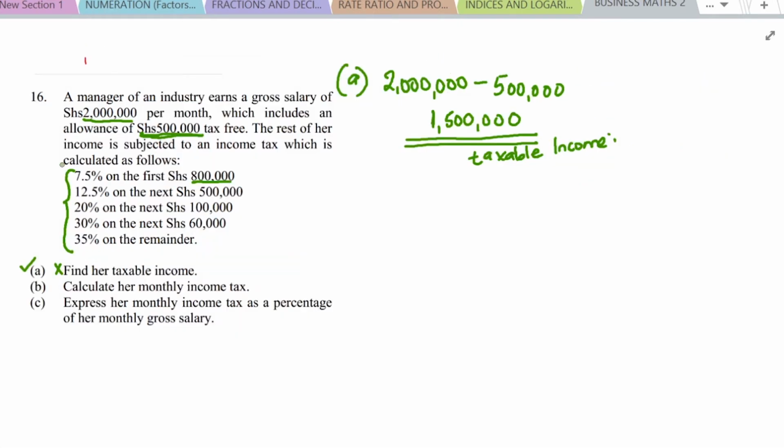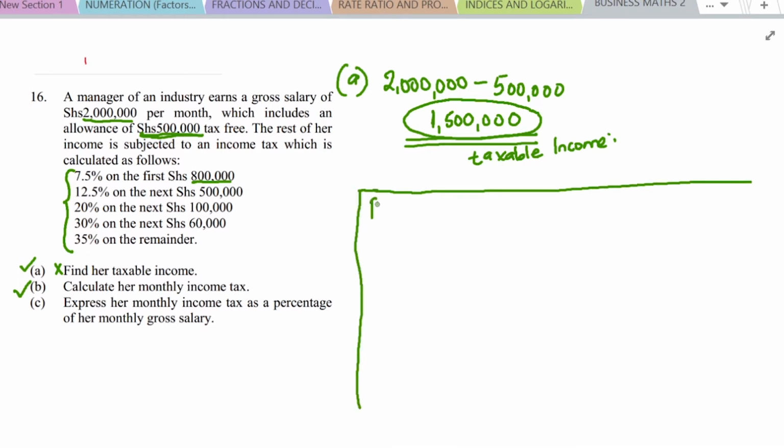So to answer part B, calculate her monthly tax. It means that her monthly taxable income, this is the 1.5 million that we are going to subject to this tax. So now we need to find out, we are going to draw a simple table here. Let's look at the range of the monies.